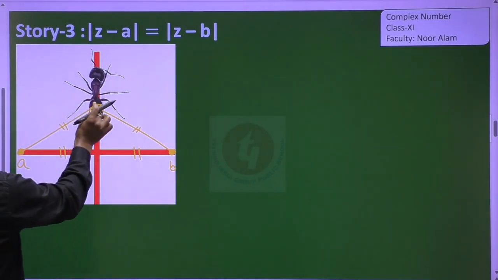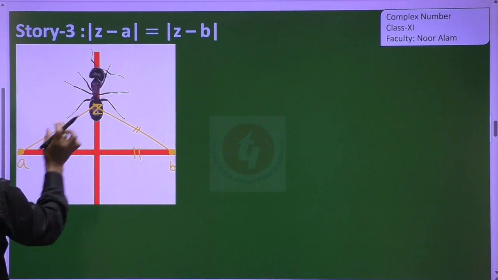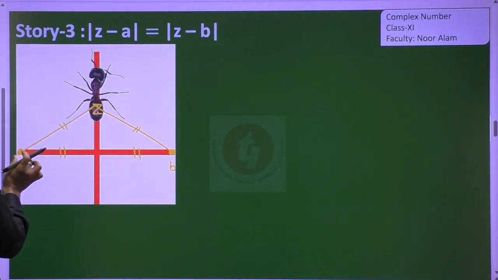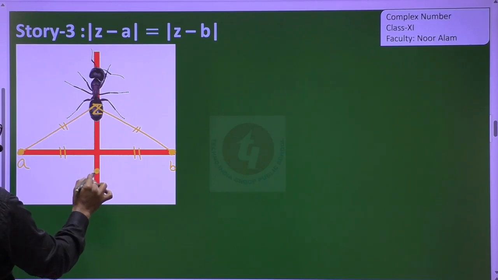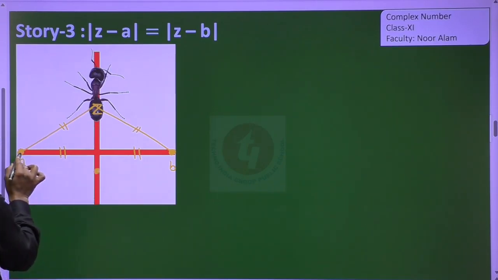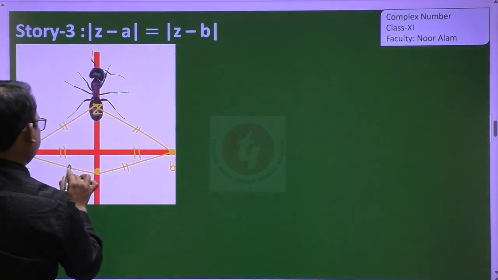That means at every position on this perpendicular bisector, the distance of the ant from these 2 ends is the same. When the ant is here, that means your z is here, then these 2 lengths are the same.